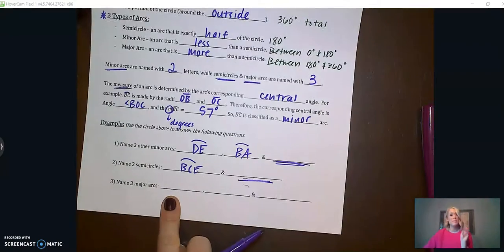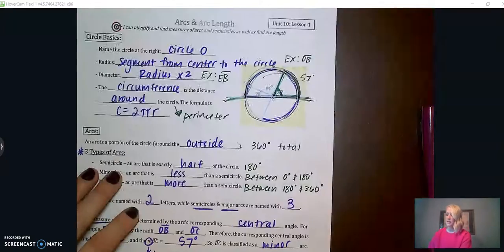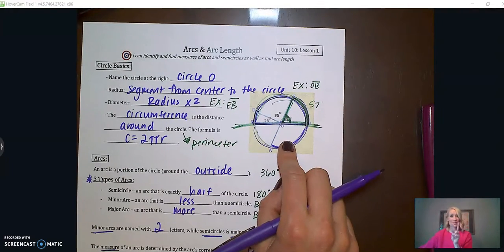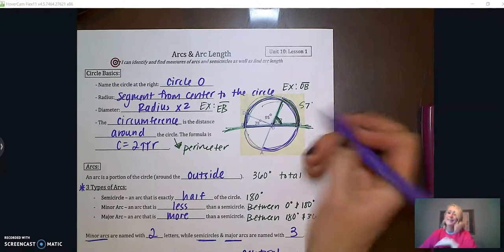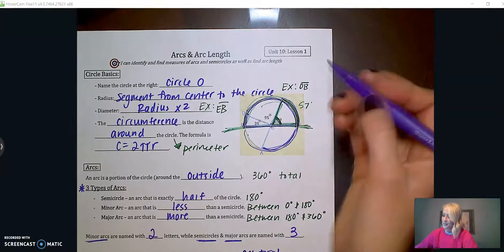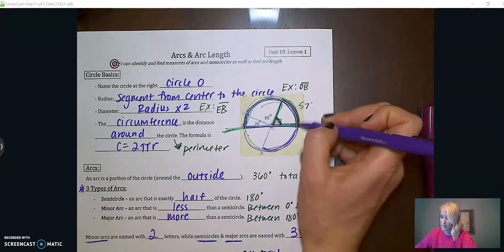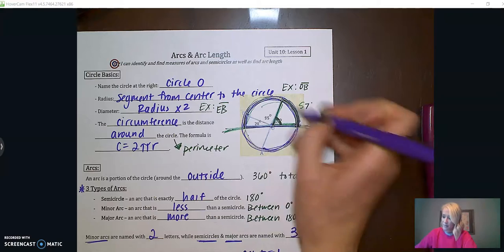And then we'll do 3 major arcs. So again, this is so inconvenient, I have to go up and down here, but I'm going to name 2 major arcs. You pick the last one. 3 letters, anything over half. So maybe I'll start with B and I'm going to go to the left. I'm going to say BCA. That would be over half.